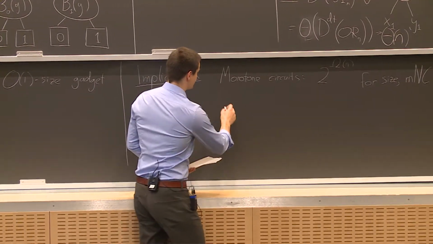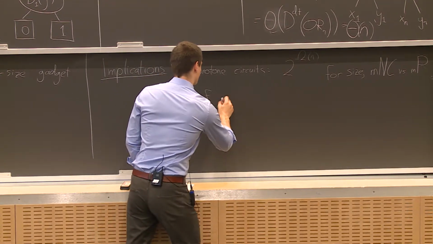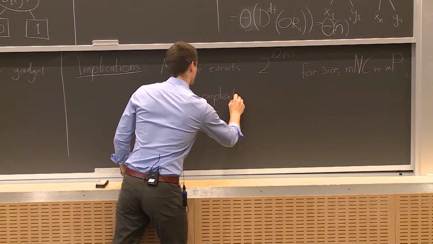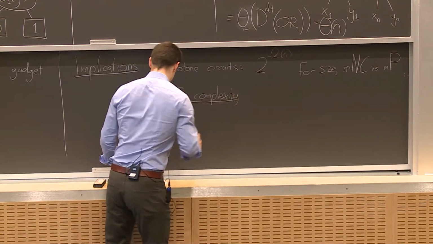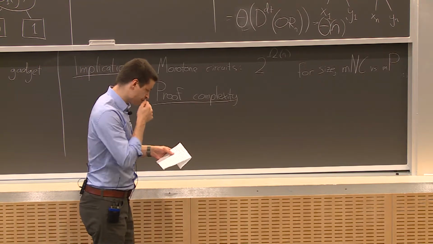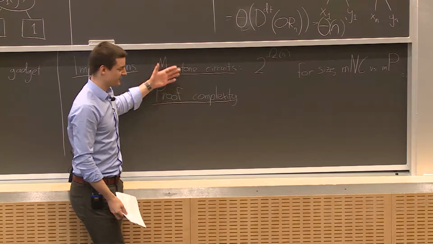So another application area is proof complexity. And here, well, I mean, there are known connections between monotone circuits and proof complexity.